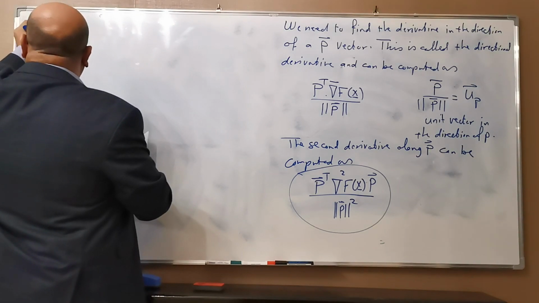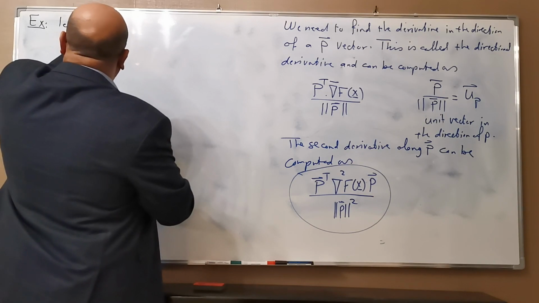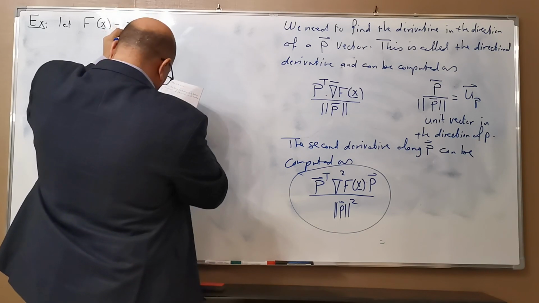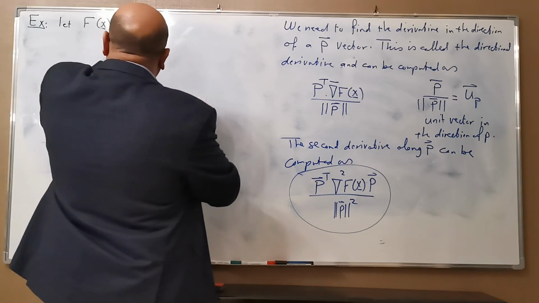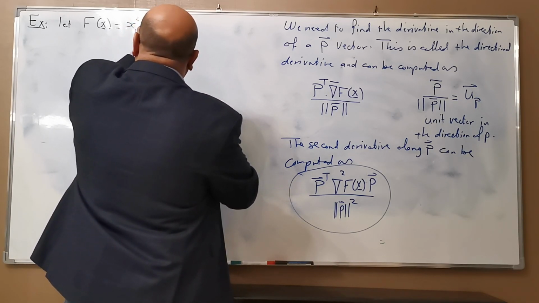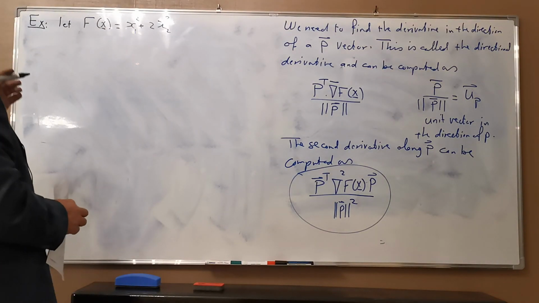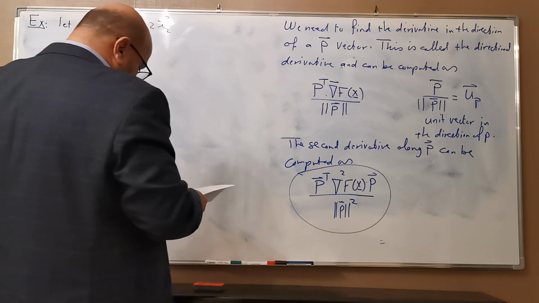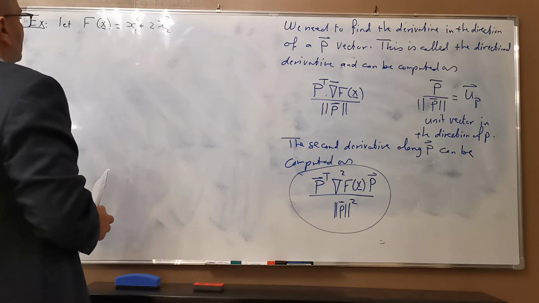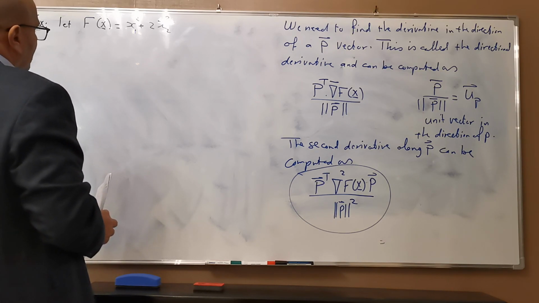Okay, let's take the following example. Let f of x be equal to x1 squared plus 2 x2 squared. It has a minimum at 0. It's like a parabolic volume centered at 0 that goes in the third dimension, the z dimension.